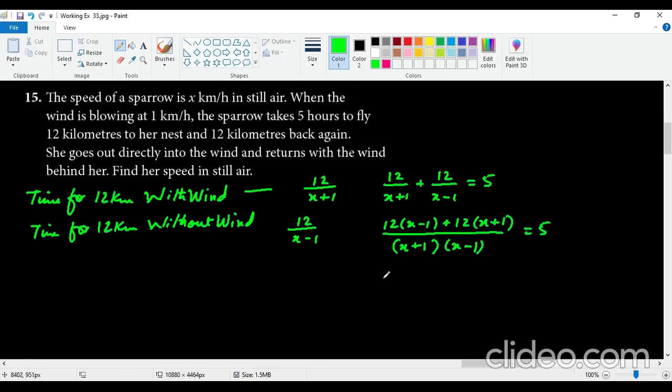So the first one will give us 12x plus 12 and plus 12x minus 12 equals 5 multiplied by x squared minus 1. So in here it's going to give us 24x, and this is a negative 12 in fact.